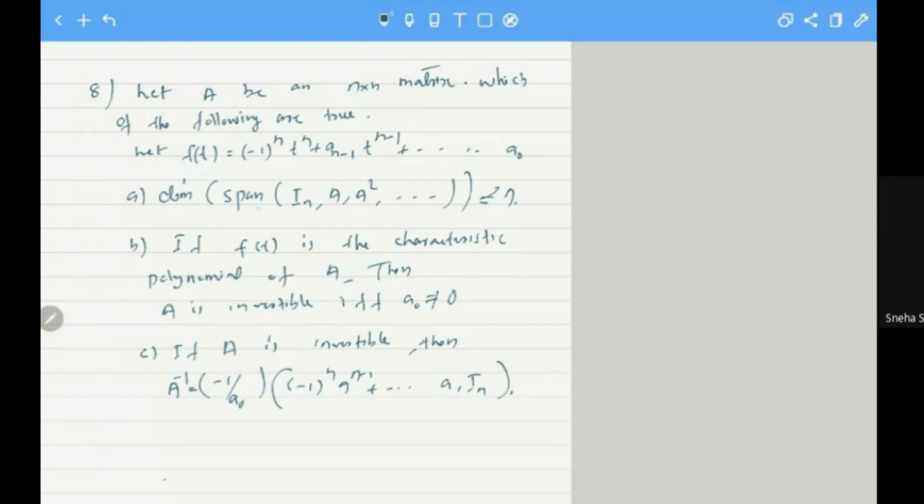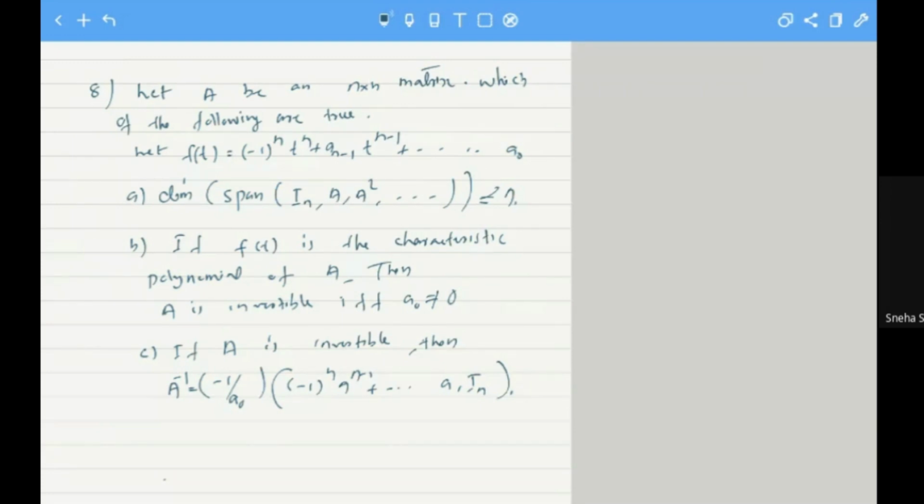Then, option A: the dimension of the span of identity, A square, A cube, A to the power 5, 6, all powers of A you take, then you span that space. The dimension of that is always less than or equal to n.